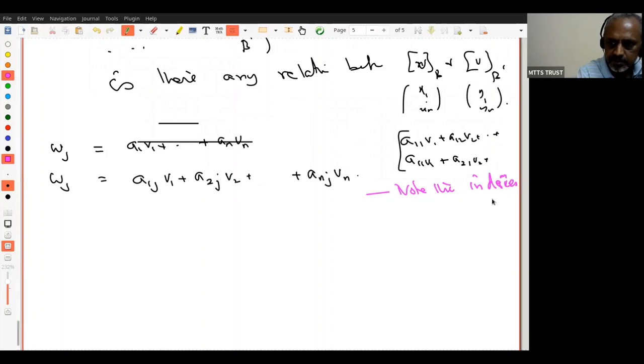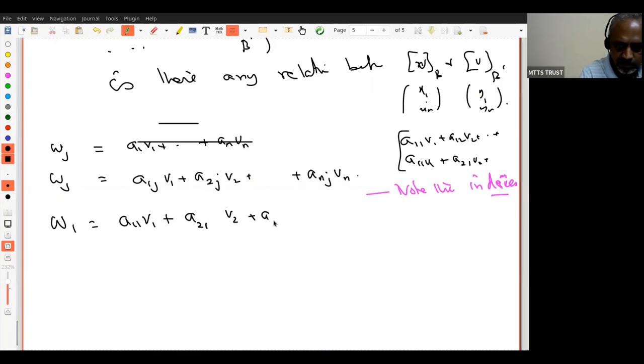Note the indices, the way I am writing. So what is W1? W1 is A11 V1. I just want you to get used to that. Next is V2, therefore it should be A21 because the 1 stands for W1. And the next one is A31 V3 and so on plus An1 Vn. Do you understand this? Okay, good.